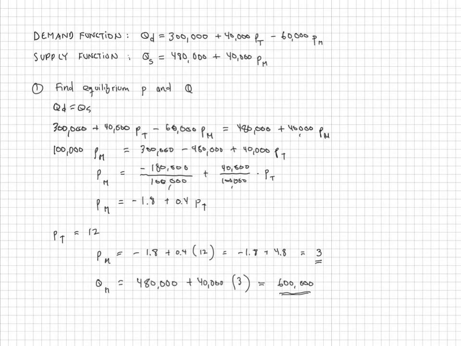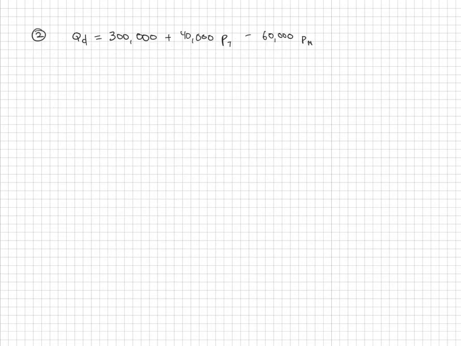So in the market for metro rides, the price is 3, and the number of rides is 600,000. In the next slide, I'm going to find some derivatives and then find the price elasticity of demand.